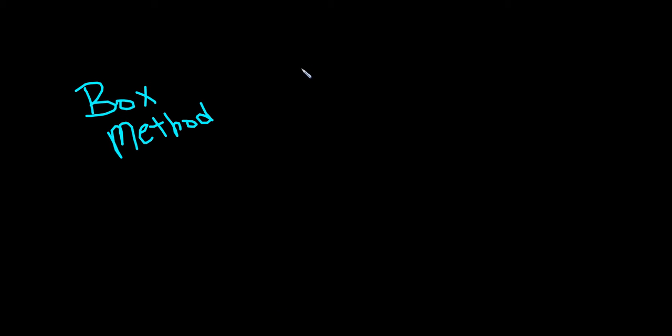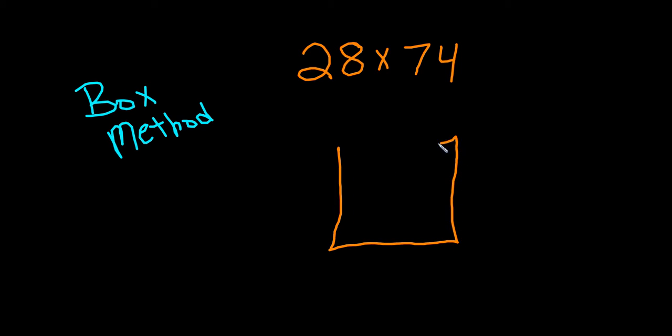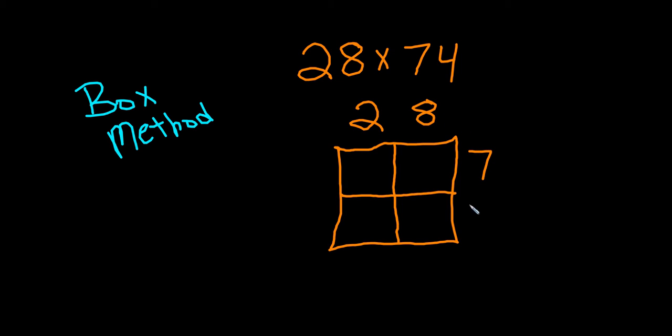So let's say I'm trying to do a problem like 28 times 74. Okay. What I do is I'm going to make a box, and I'm going to divide it in half vertically. I'm going to divide it in half horizontally. And I'm going to write, it doesn't matter which one you write here, but I'm going to write 28 along the top and then come down the side with 74.